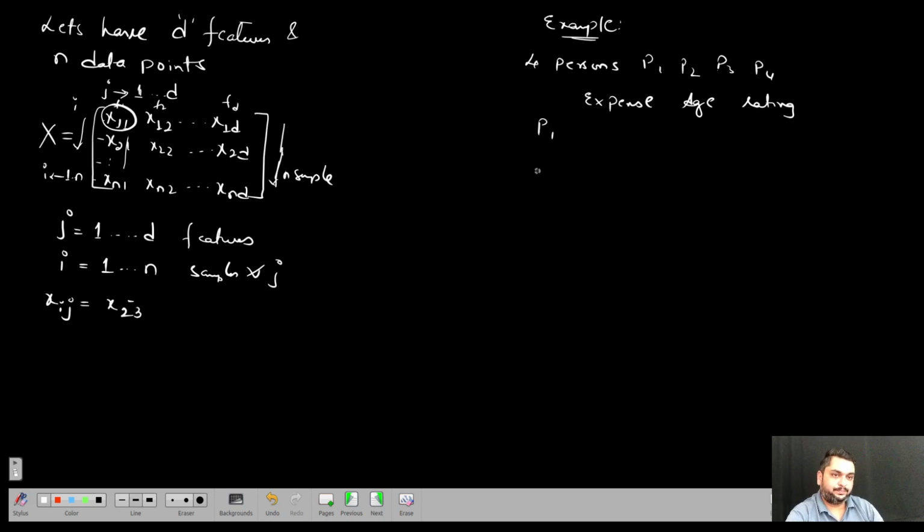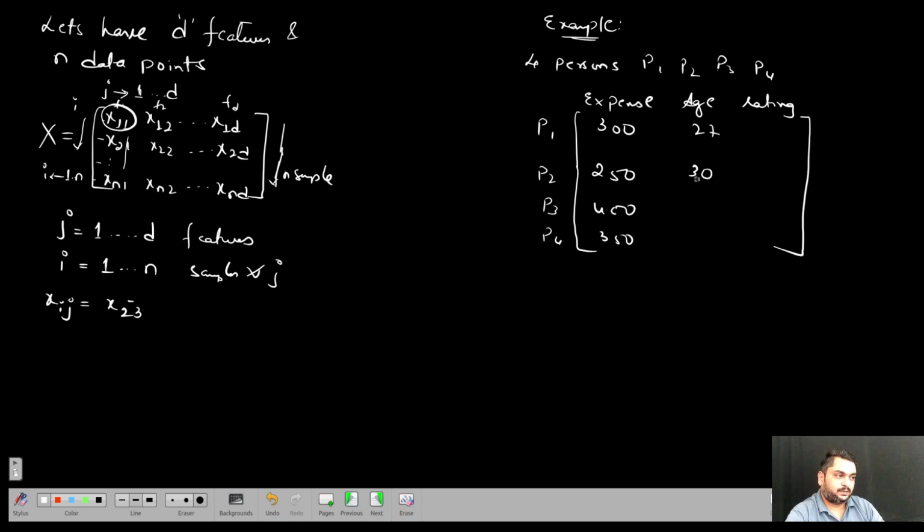So let us take some values and represent them in matrix form. Let's say 300, 250, 400, 350, then 27, 30, 25, 28, then 4.5, 4, 5, and 4.8.